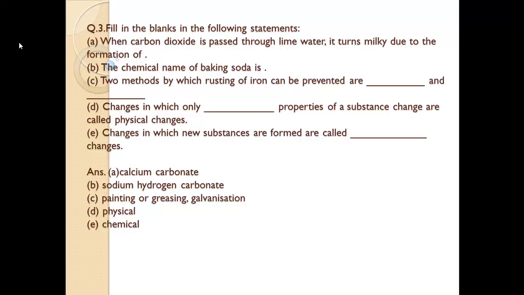Changes in which only dash properties of a substance change are called physical changes. We know that during a physical change, only the physical properties of a substance are changed. So the answer is physical properties. And the last one is changes in which new substances are formed are called chemical changes. Alright, we'll move to the fourth question.